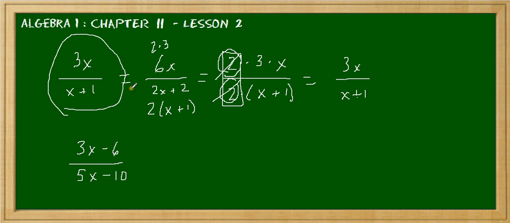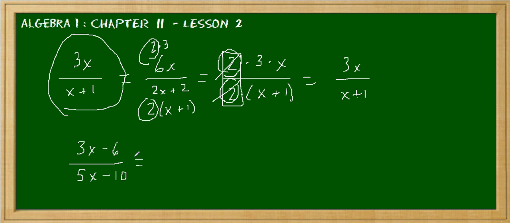Okay, now in this case we saw that we could pull out a 2, right? And that was great because we were able to eliminate. But over here you might say, whoa, I don't see common factors here. I see 3 and 5. Well, that's not going to work. Well, let's take a look. We can turn over if you want to page 508. We'll see how they worked it out.